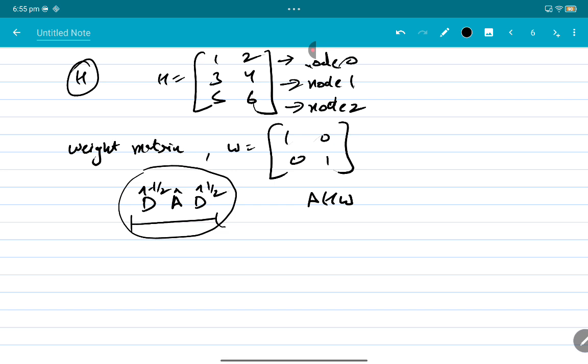This is because if one node is connected with too many neighbors, like say one node is connected with 100 other nodes, and node 2 is connected with only 3 nodes, this imbalance will create new features which will either blow up or shrink.